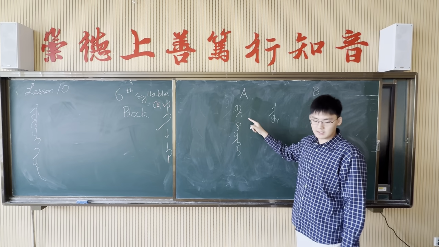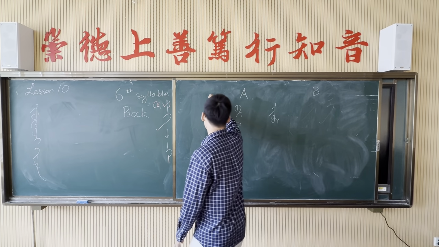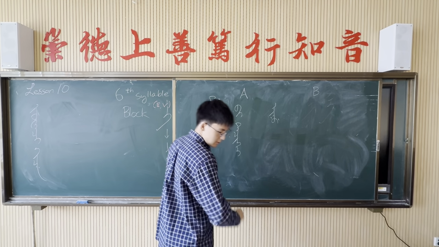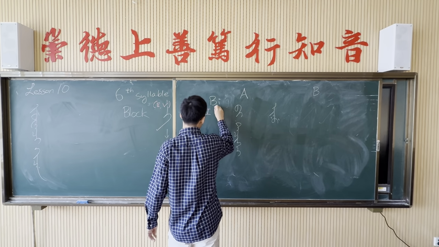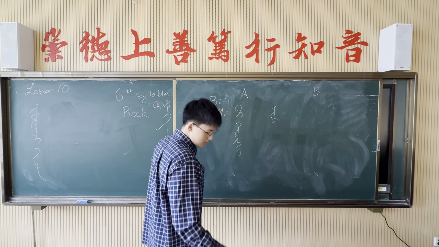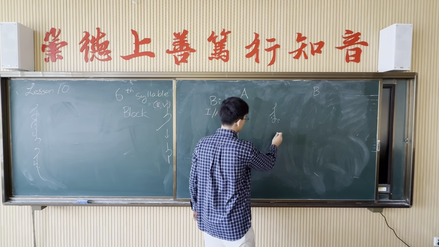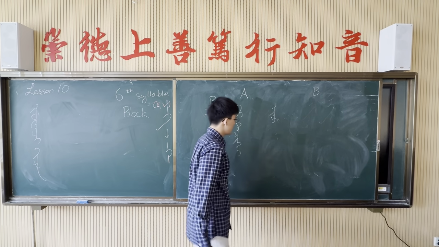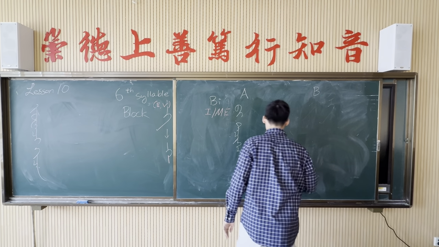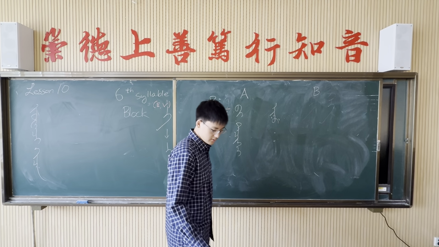Oops. B 다치시 이노. So B means I or me. 다치시 means, okay, I forgot to write the full stop. There we go. 다치시 means student.